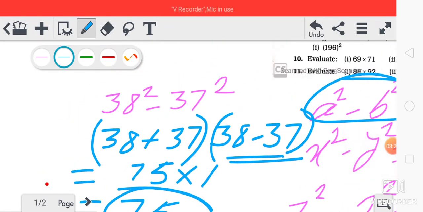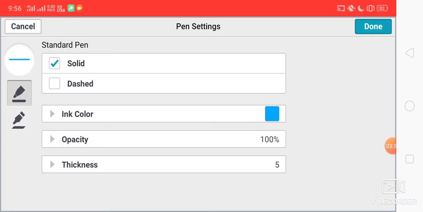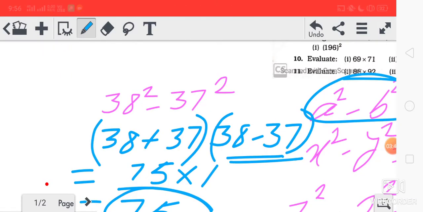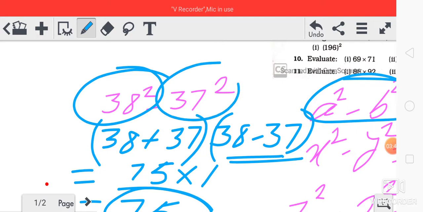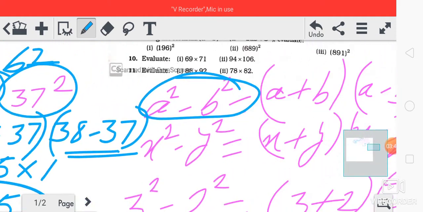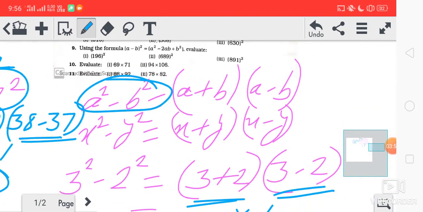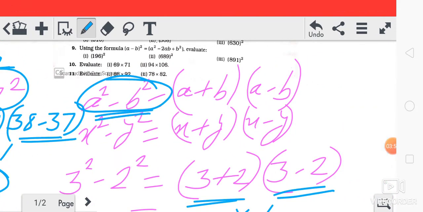So 38 square minus 37 square. It is in the form of a square minus b square. The formula we have already seen: a square minus b square is equal to a plus b into a minus b.